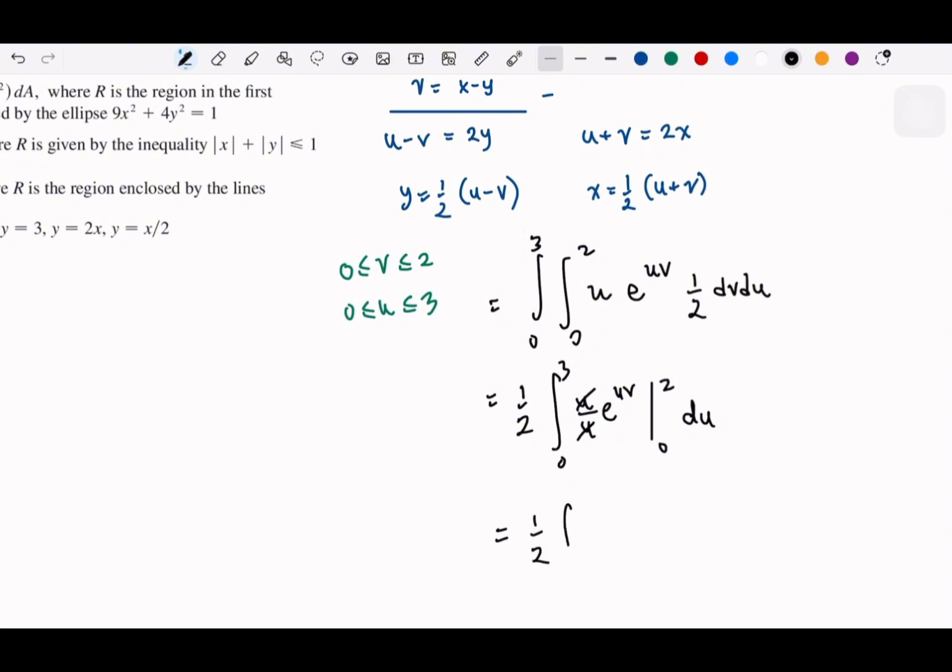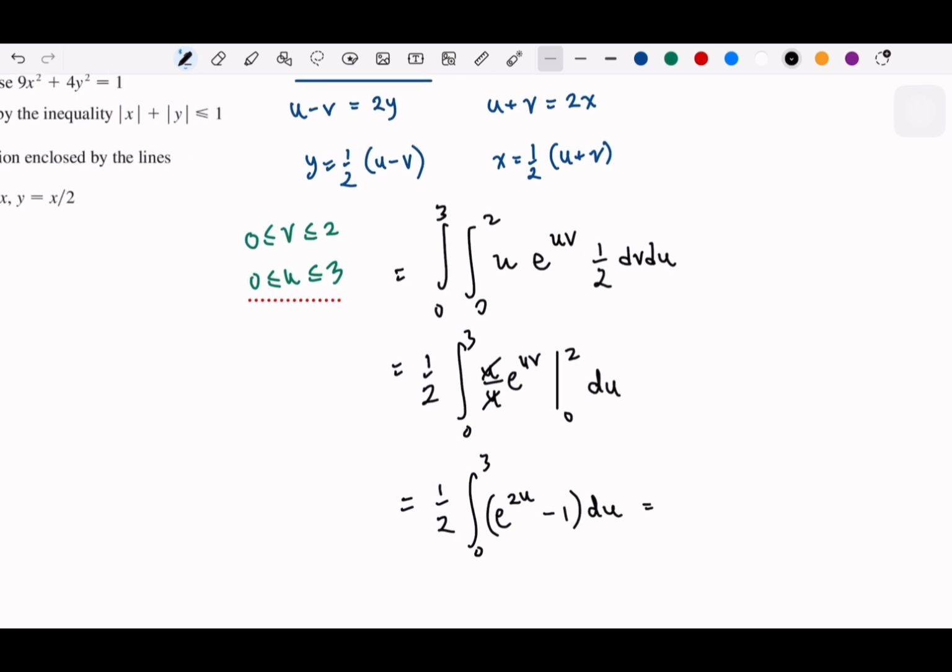So this will be e to the 2u minus 1, right? And this will be 1 over 2. E with power of 2u, we can integrate that, becomes e to the 2u over 2, right? And minus u. Plug in 0 to 3.